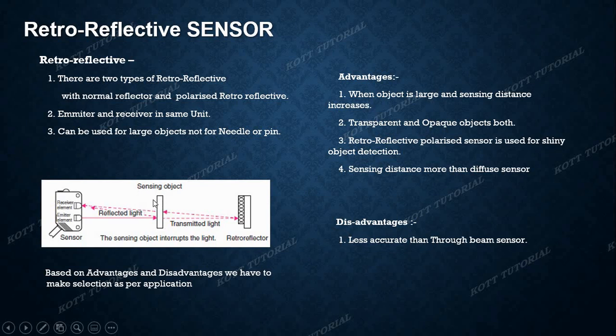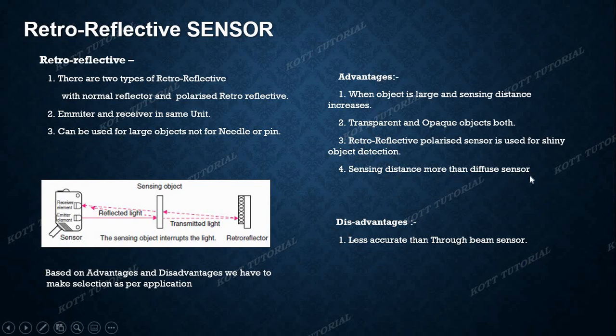So if I have a highly reflective object, at that time I have to use a polarized reflector. A polarized reflector will only pass a particular ray of light which can be taught in this sensor, and if any other reflective product comes in between, it can successfully detect.